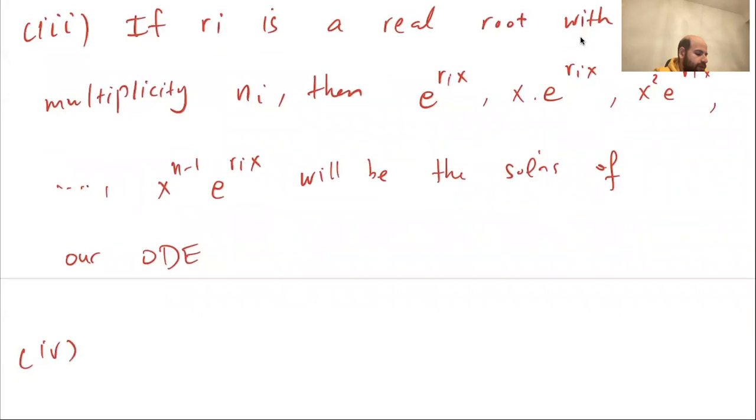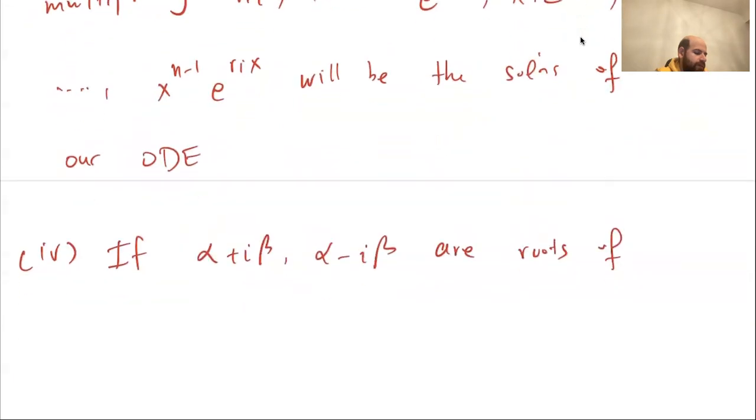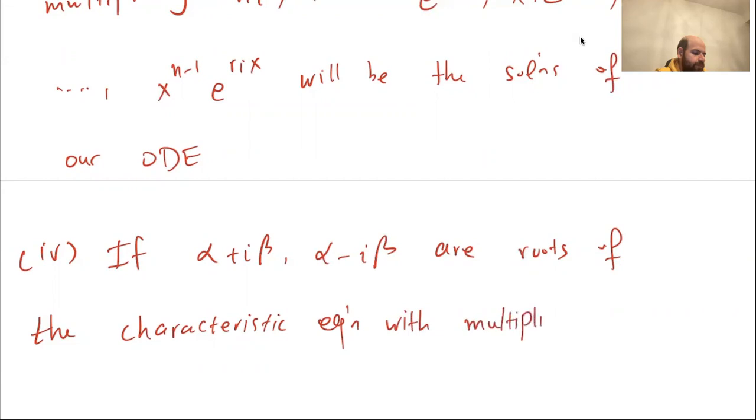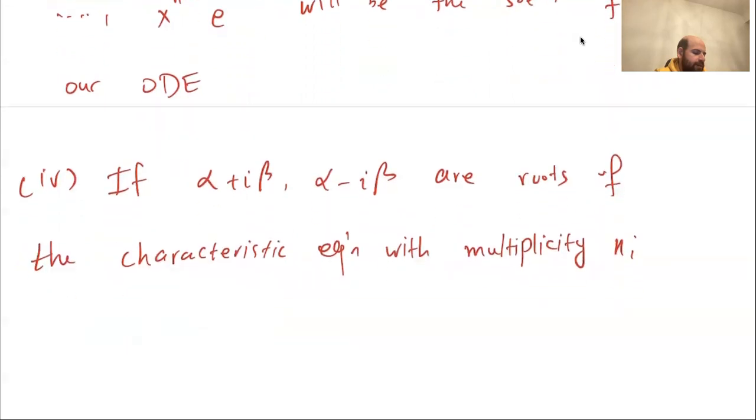So if, let's say, alpha plus i beta and alpha minus i beta are roots of the characteristic equation with multiplicity again ni, then what will be the corresponding solutions?